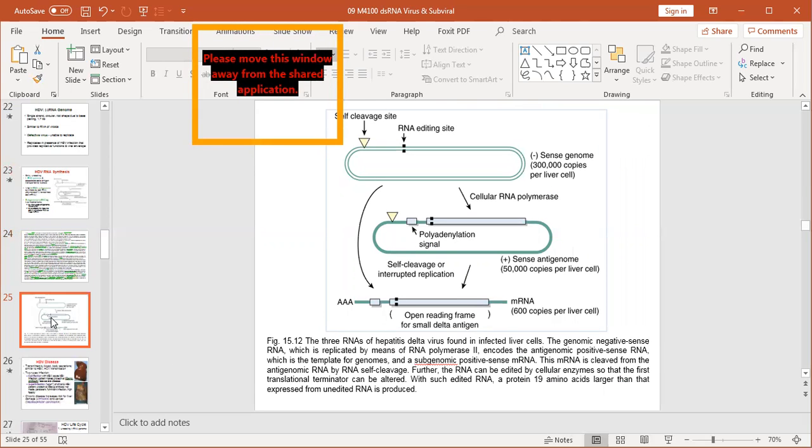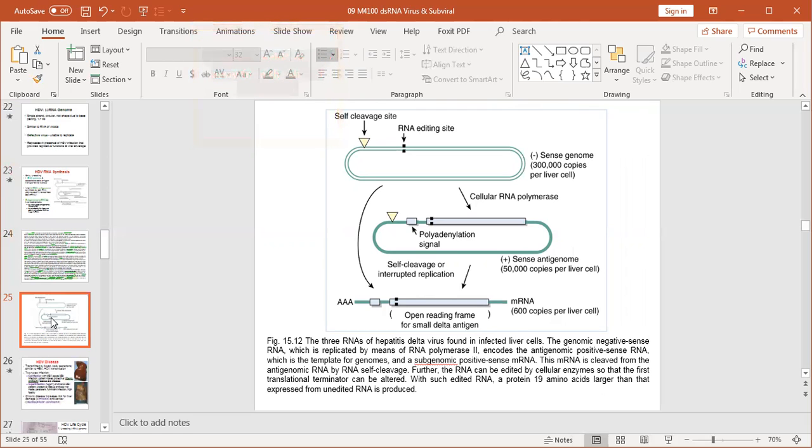Slide number 25 is basically what we just talked about, how the three RNA types of hepatitis delta virus are being made, that we see in infected liver cells or hepatocytes.